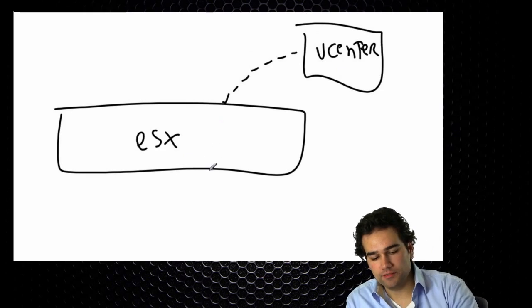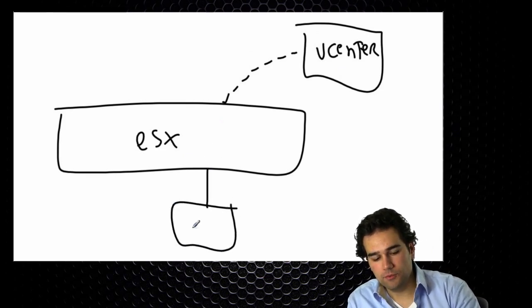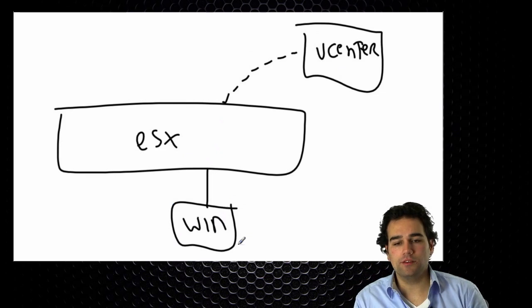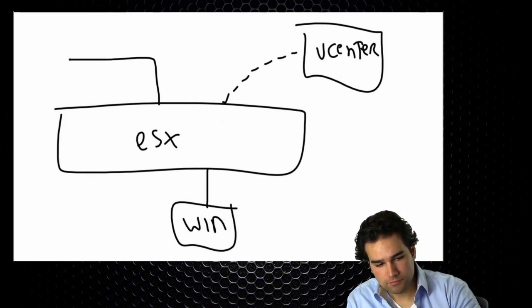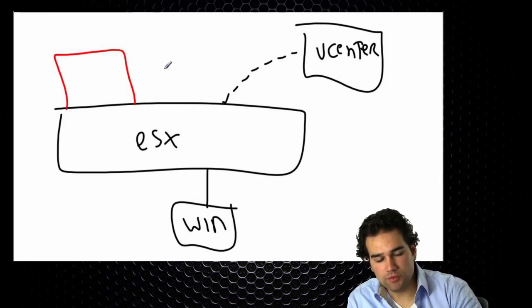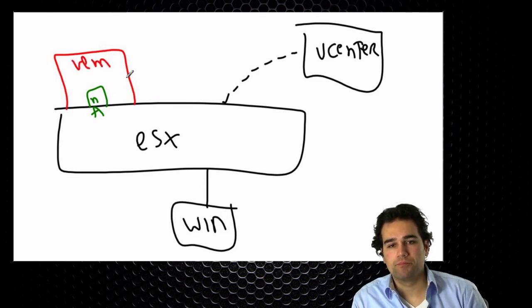It's going to say, all right, this Windows VM, I'm powering it on, and this Windows VM is part of network A. And network A happens to live here, on the VEM.